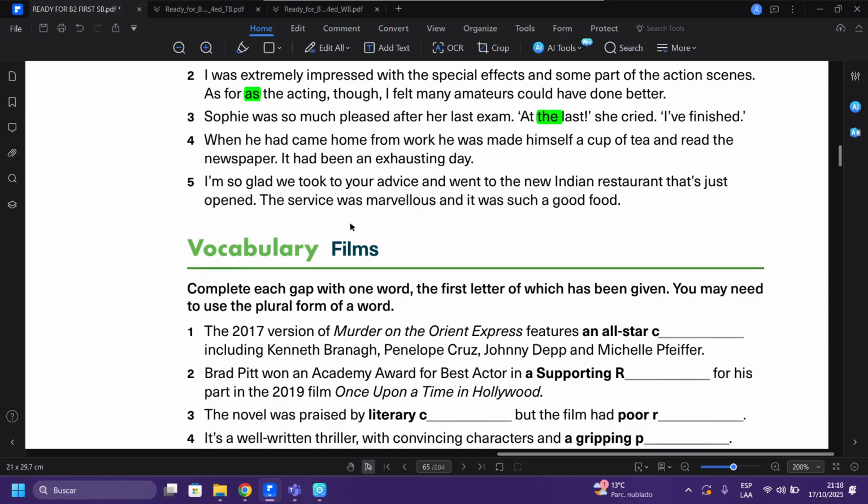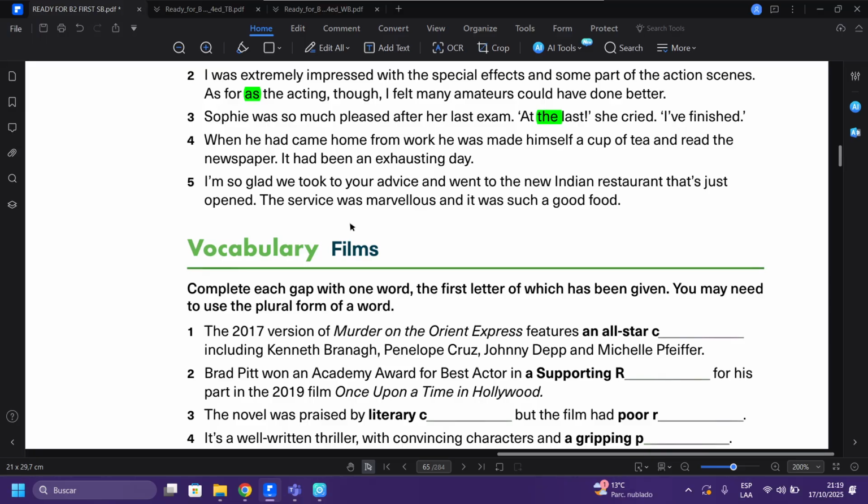It is only made himself. What about "he had came"?